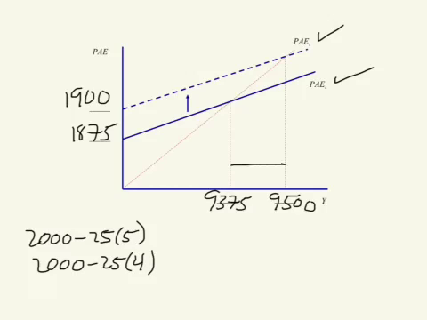So it looks like you have a change in output when you do this. Your change in output is the difference between 9,500 and 9,375, which is 125. And the change in autonomous spending is equal to 25.